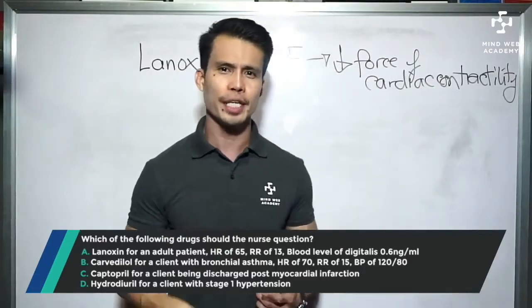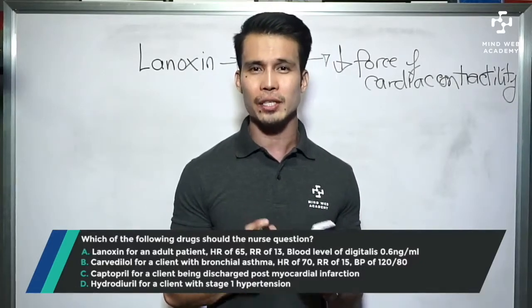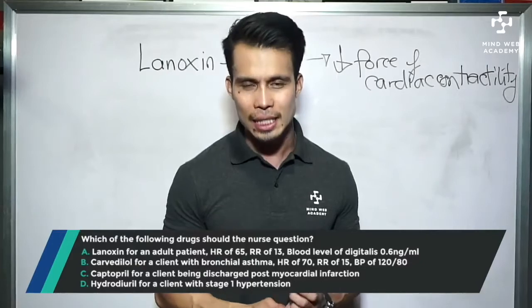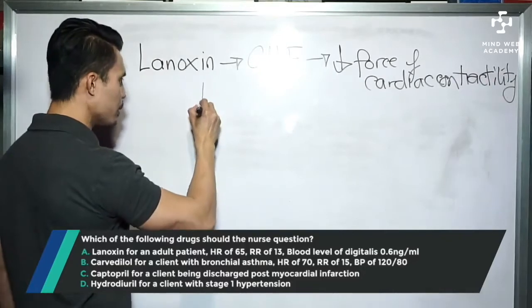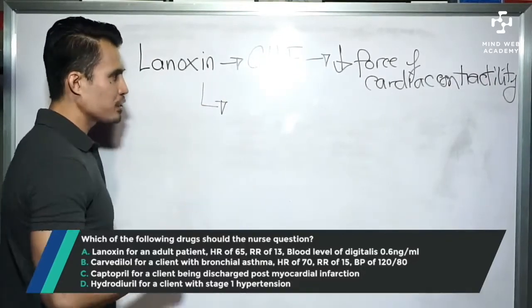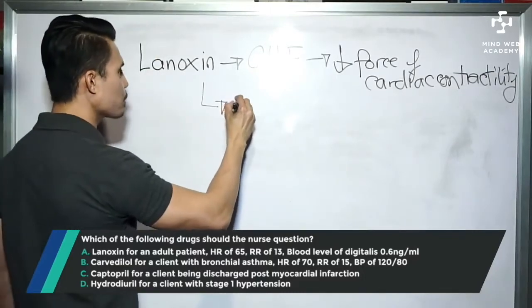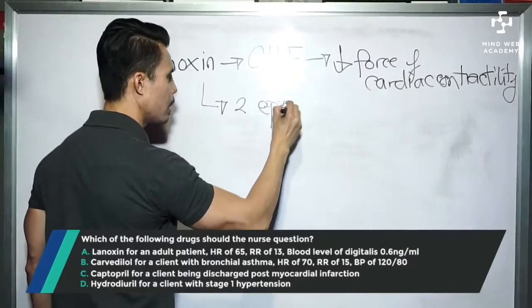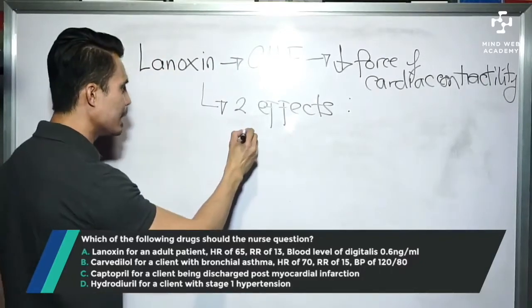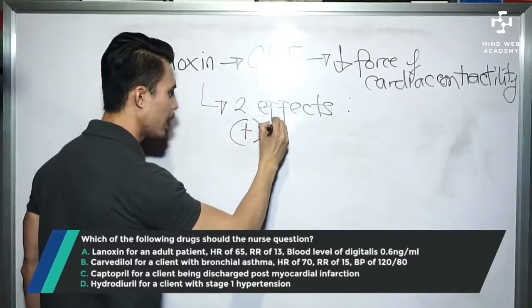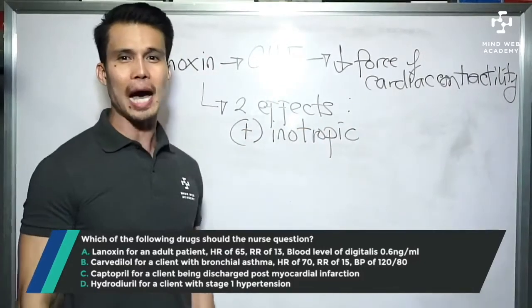And so the next question: how can digitalis or Lanoxin answer the decrease in the force of cardiac contractility? This is now the explanation. Your Lanoxin, nurses, will answer the problem in CHF, which is the decreased force of cardiac contractility, because Lanoxin has two effects. One effect of your Lanoxin is that it has a positive inotropic effect.